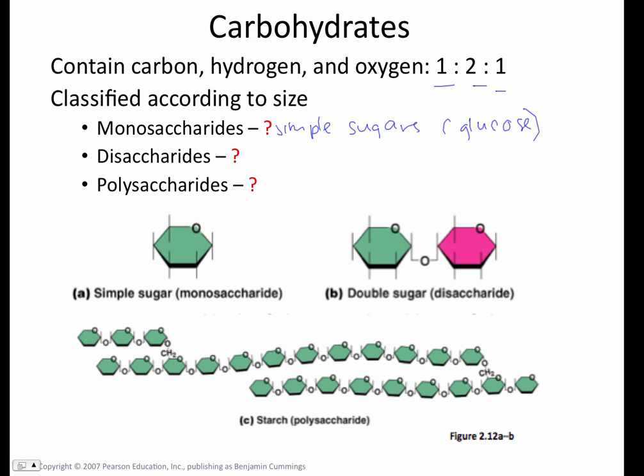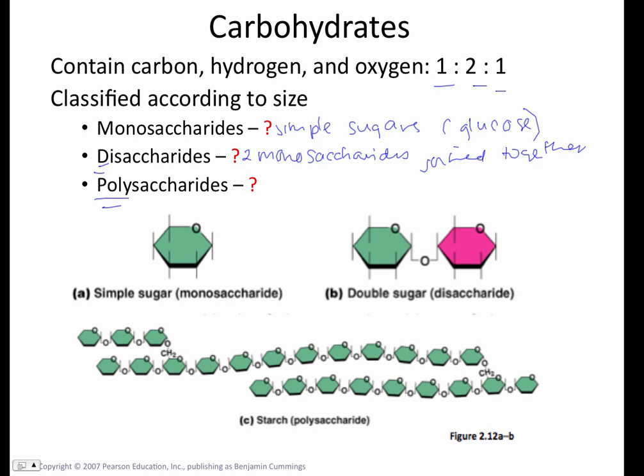Disaccharides, these are two monosaccharides joined together. And we know this because of the prefix di, and so a lot of times you'll see sucrose, lactose, maltose. These are a couple of examples. And then finally we have polysaccharides. Poly means what?